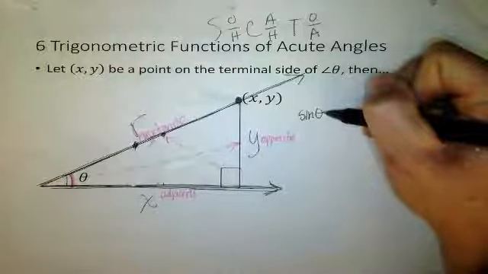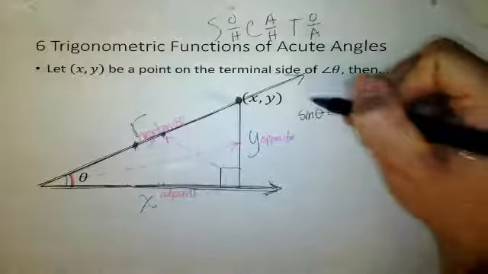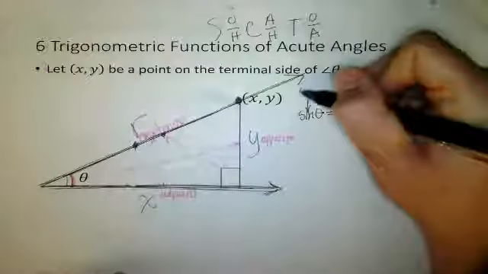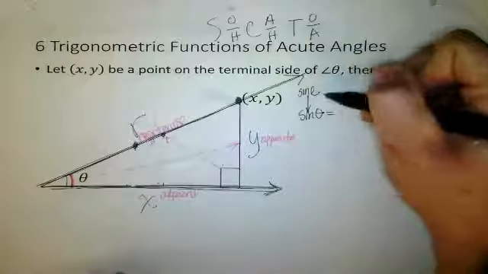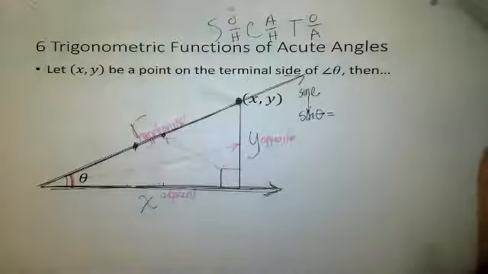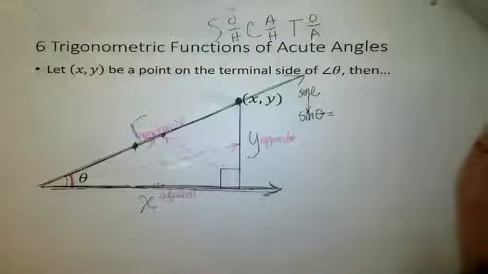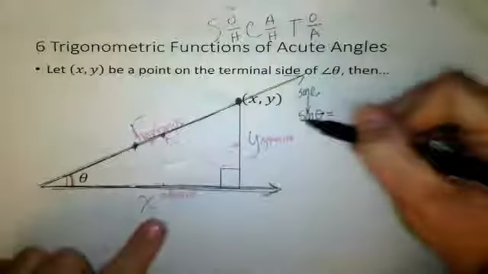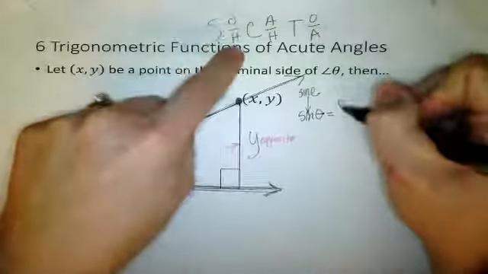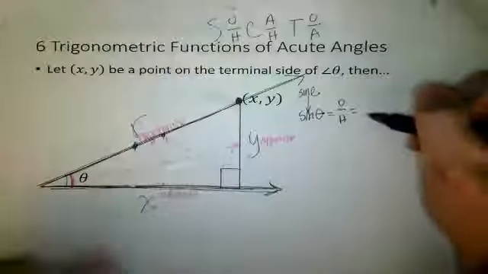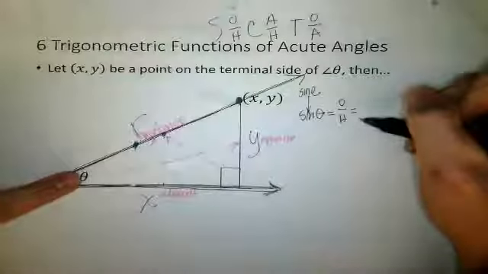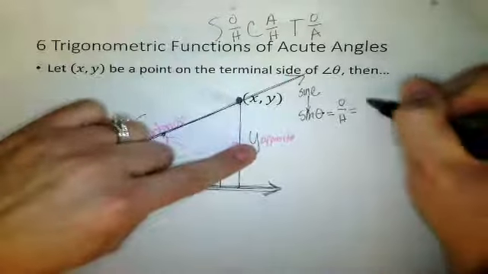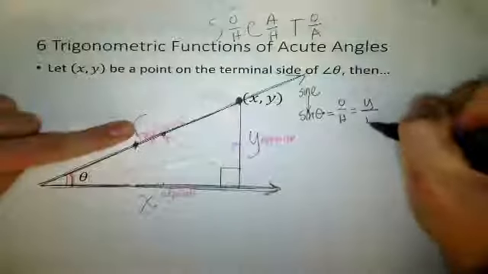Do not write sine without theta. Also, this is not sin, it's sine, with an E on the end. Your calculator button only had room for 3 letters, therefore they dropped the E. Sine of theta is the opposite over hypotenuse. So the angle is here, and our opposite side is y over the hypotenuse r.